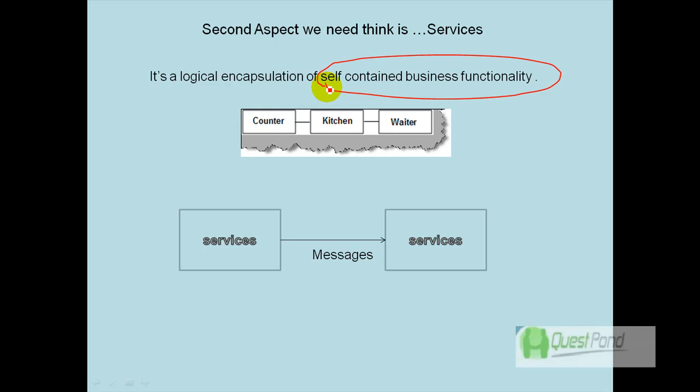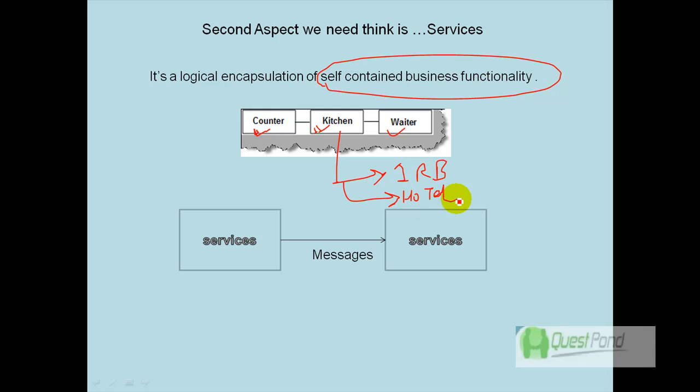For instance, here I have three services: counter, kitchen, and waiter. Now, I can take the kitchen and attach it to a one room bedroom, or I can take the kitchen and attach it to some hotel. So in other words, the kitchen is a self-contained functionality.